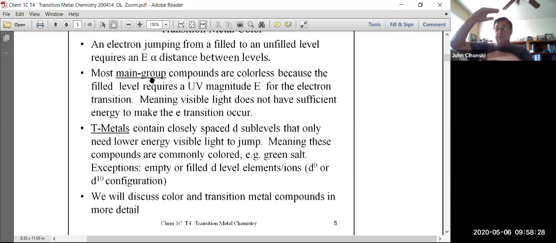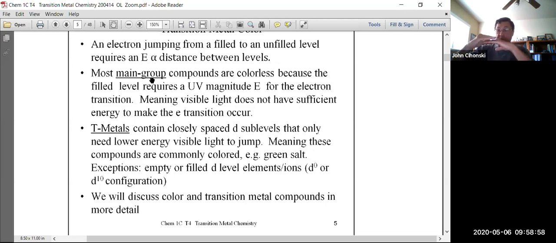Now, if you have an s orbital, say, that's jumping to a p orbital at the next level down, if your s orbital's empty and jumping up, you have a large energy gap to go through. Now, the higher the energy gap for an electron to jump up means what? It takes a lot of energy, right?